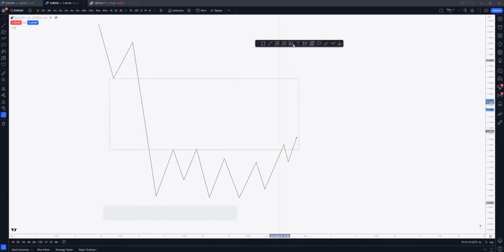So we're not stacking FVGs inside FVGs, like refinements of FVGs. No, because an imbalance is an imbalance and you prioritize the higher time frames. Even if it looks like balanced price action in here, it's still an imbalance because you always prioritize the higher time frame.